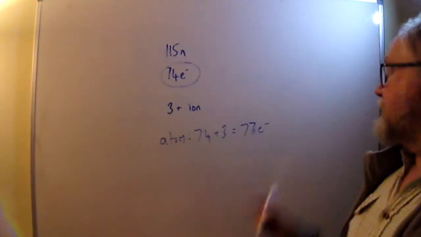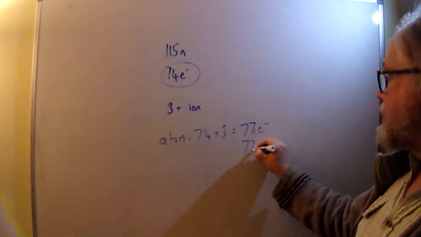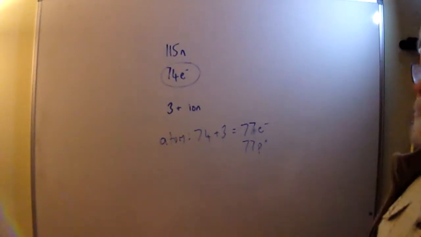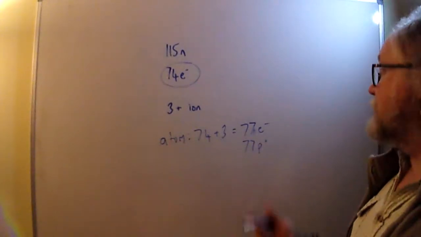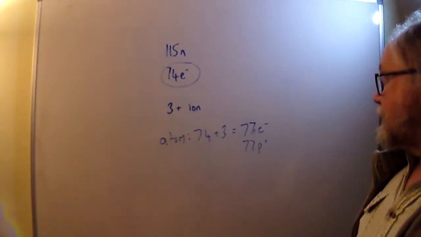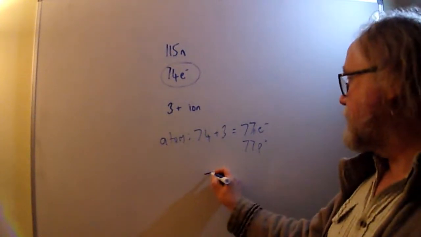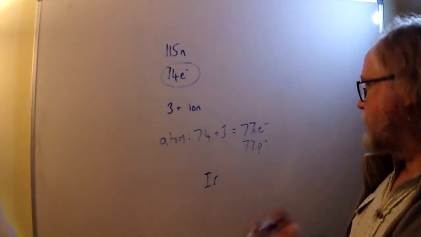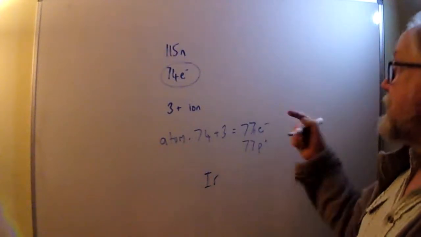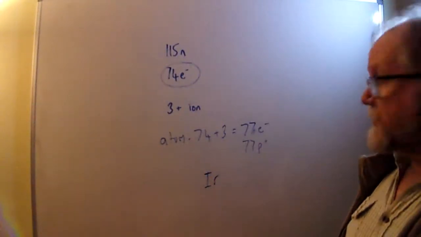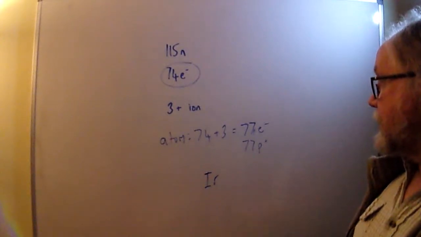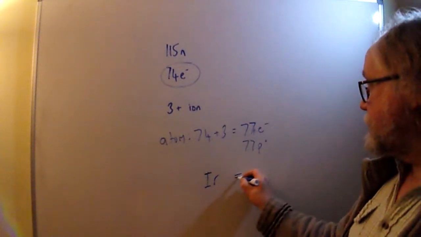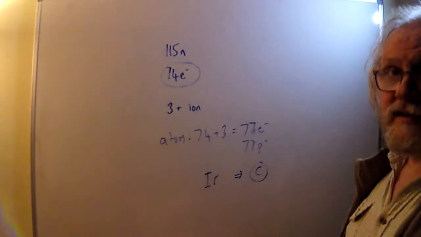And of course, if it has 77 electrons, it must have 77 protons in order to balance up the charges. So we can just find the element whose atomic number is 77, and the answer is iridium. And then if we'd been given a choice of iridium isotopes, we'd have had to work out which one it was by using the neutrons, but in fact there was only one iridium isotope, so it has to be that one, which means the answer is C.